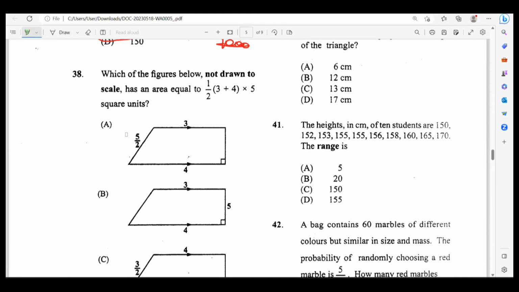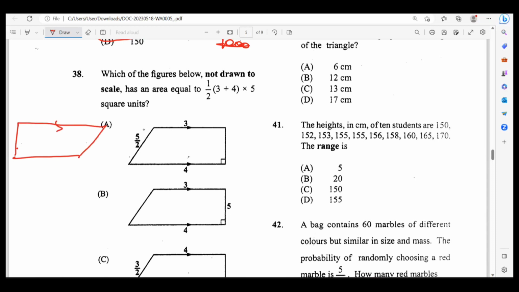Let's continue. Which of the figure below, we saw this question came, not drawn to scale as the area as shown. So we're looking at the trapezium. And likewise, I'll do this one more time. For every trapezium, it has 2 parallel sides. It may not shape as how you have it there, but it has 2 parallel sides.